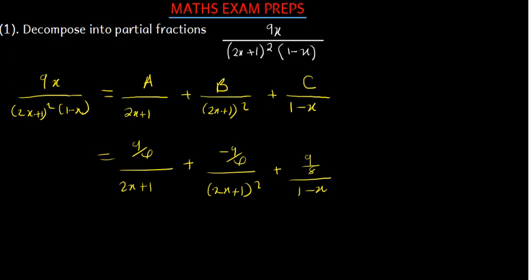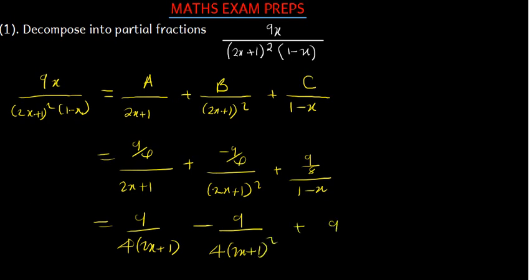So I can bring what is in the denominators of the upper numbers into the denominator. So this becomes 9 divided by 4 times 2x plus 1, and then this becomes negative 9 divided by 4 times 2x plus 1 squared, and then plus 9 divided by 8 times 1 minus x. So we have expressed that one into partial fractions.